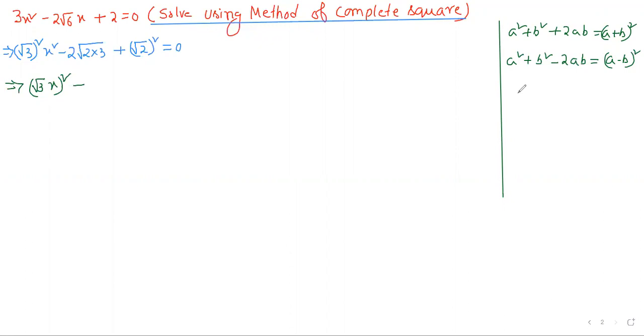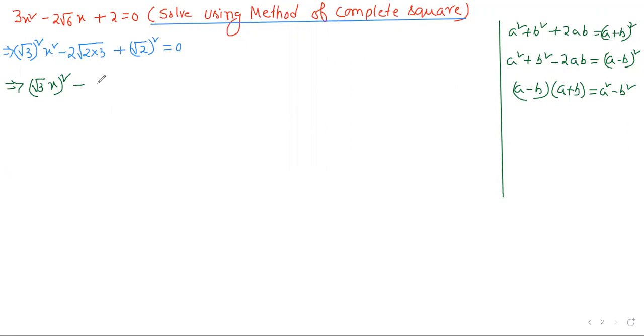These identities you have learned in class 8. Or we will use this identity also, a minus b into a plus b, which is equal to a square minus b square. We'll use these three identities. These three identities are very important in finding the roots of the quadratic equation using the method of completing square.